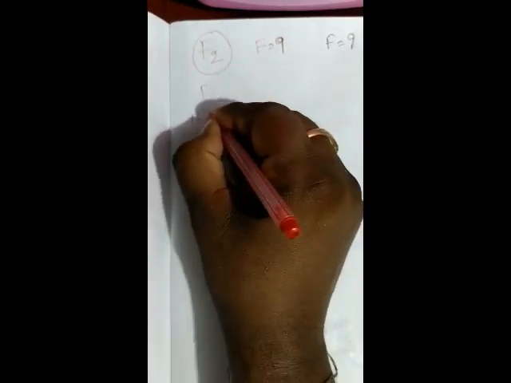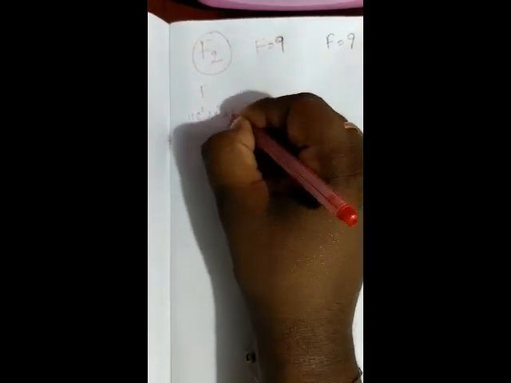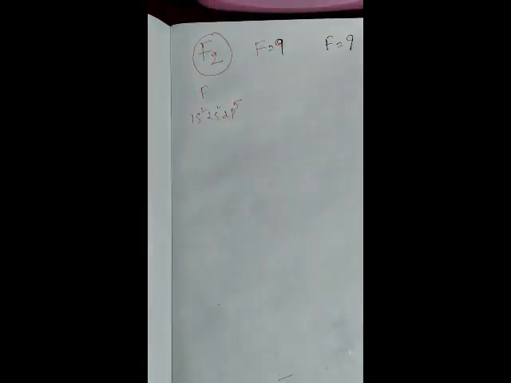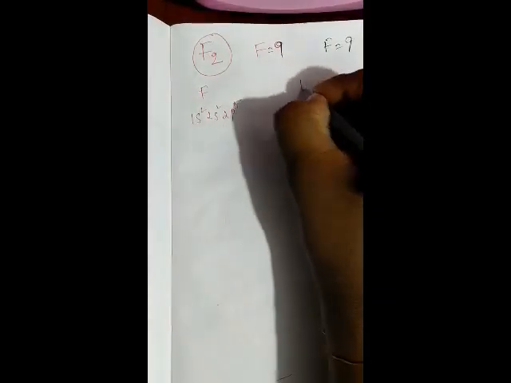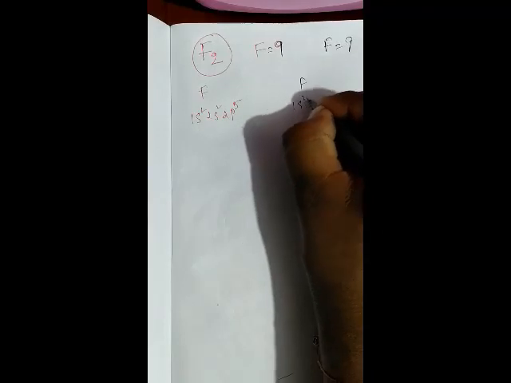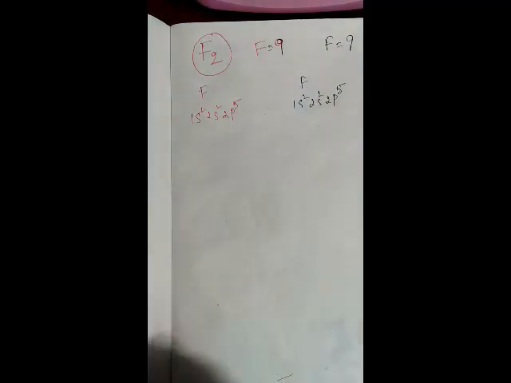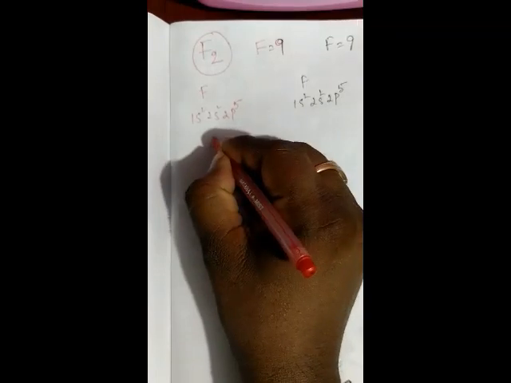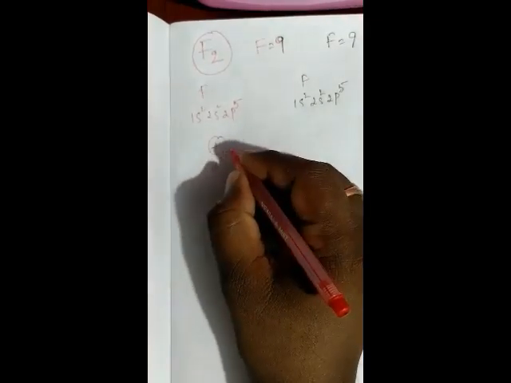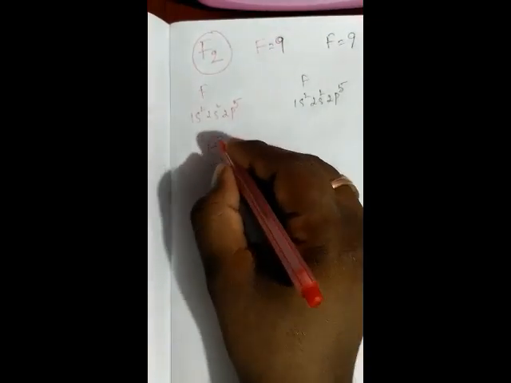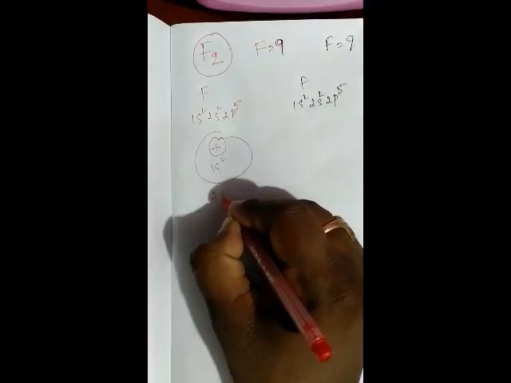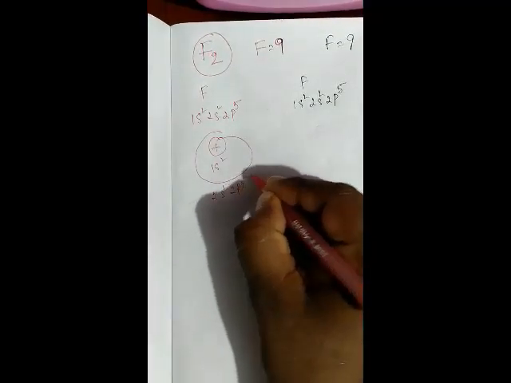So the first fluorine atom's electronic configuration is 1s2, 2s2, 2p5. The second fluorine atom's electronic configuration is also 1s2, 2s2, 2p5. Now see the orbital diagram: 1s2, 2s2, 2p5.